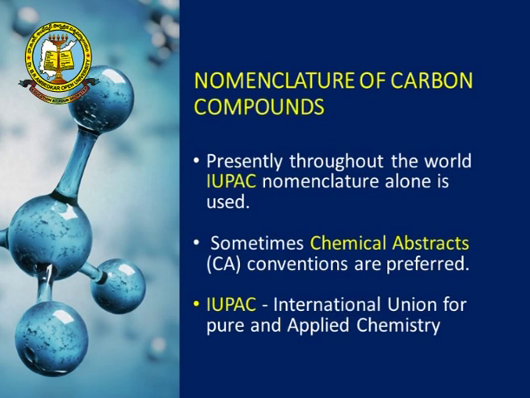IUPAC is the abbreviation of International Union for Pure and Applied Chemistry. Frequently and mostly used is the IUPAC system, and rarely the Chemical Abstracts system is used. There is no need to get into the details of Chemical Abstracts because the IUPAC system is mostly used.